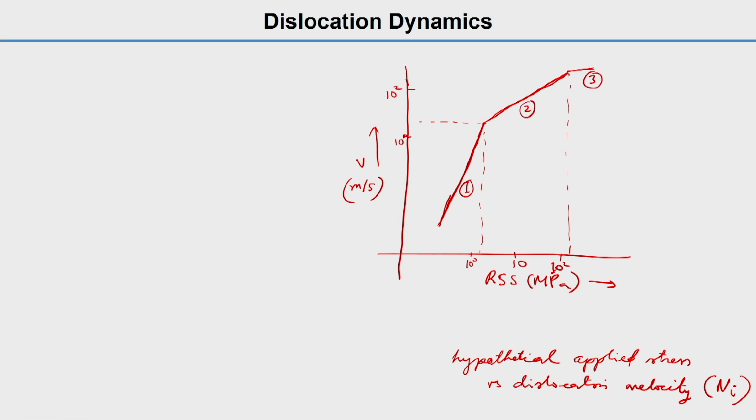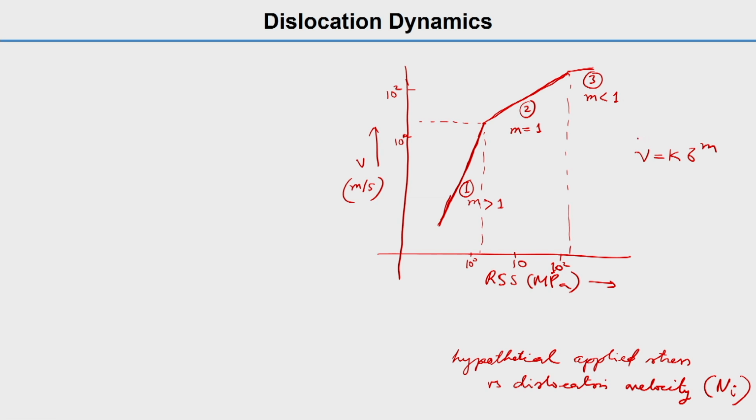If you check one of the earlier equations, V equal to K sigma to the power m, then for the first region m is greater than 1, here m is equal to 1, and here m is smaller than 1.